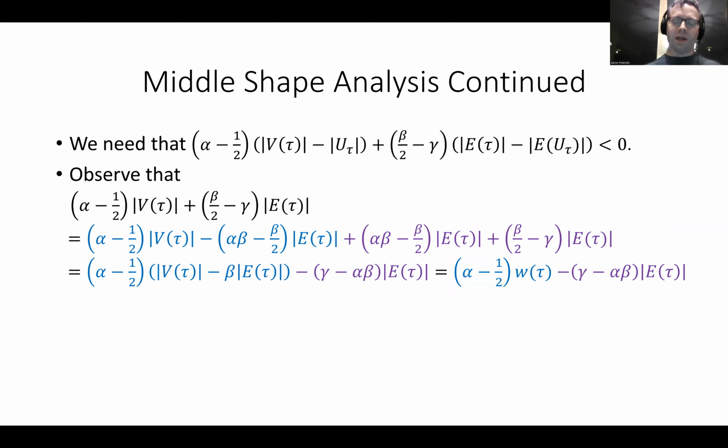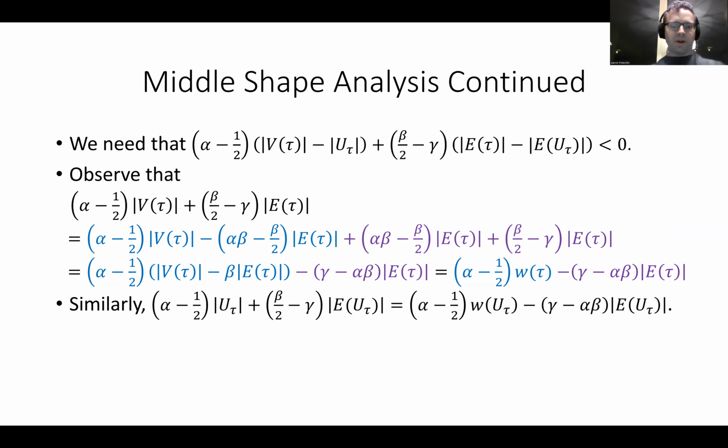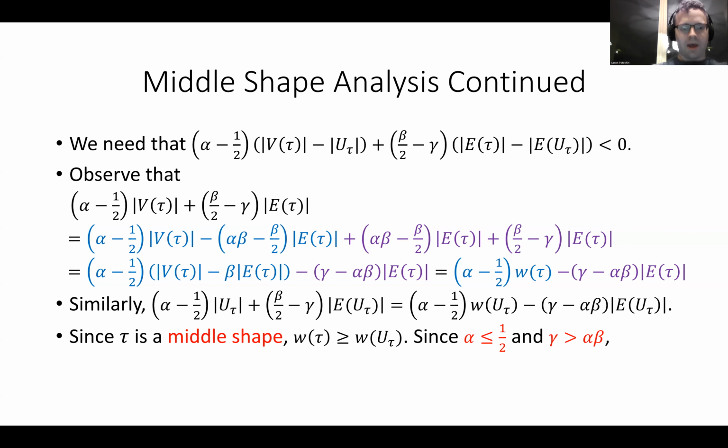And then this purple part is minus, in parentheses, gamma minus alpha beta times the number of edges of tau. Following similar logic, alpha minus 1/2 times the number of vertices in u tau plus beta over 2 minus gamma times the number of edges in u tau is equal to alpha minus 1/2 times the weight of u tau minus, in parentheses, gamma minus alpha beta times the number of edges in u tau.